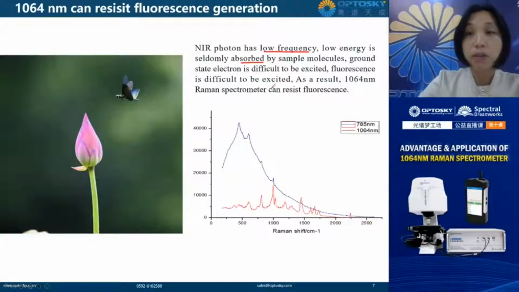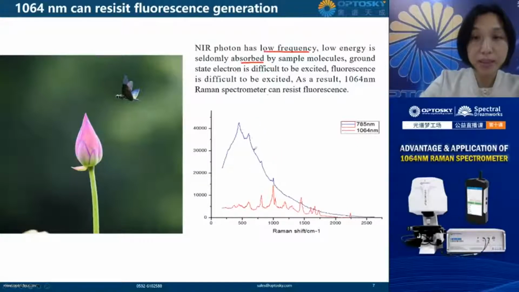As a result, 1064 nanometer Raman spectrometers do not generate fluorescence, and can resist it. So this big fluorescence background does not appear. If you use a 1064 nanometer Raman spectrometer, the shifts are distinctive, like these peaks can finally show.